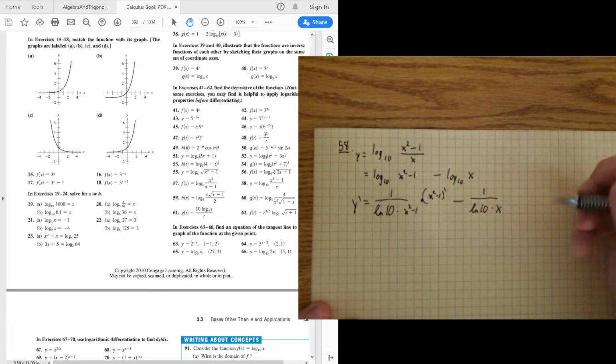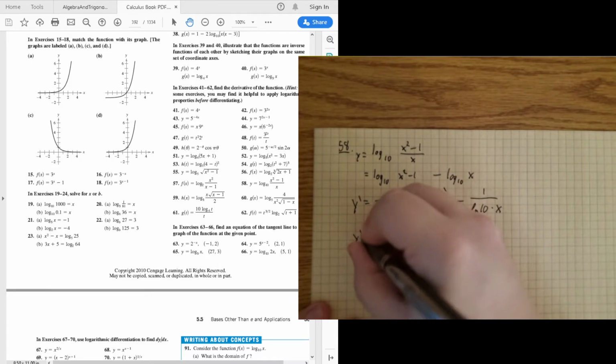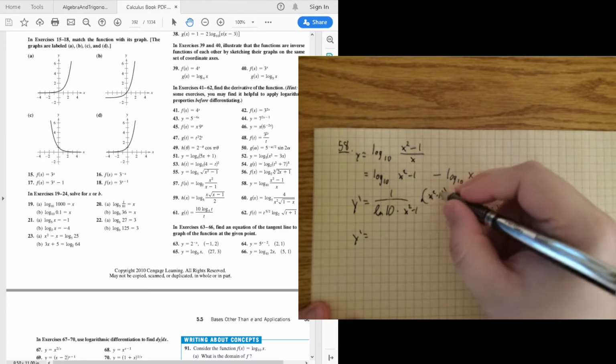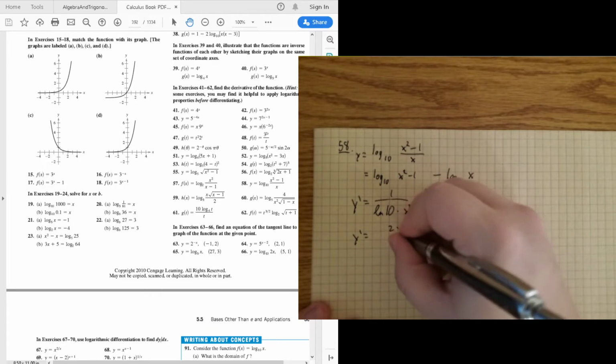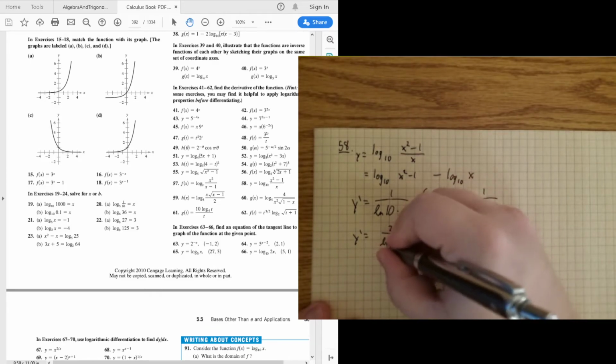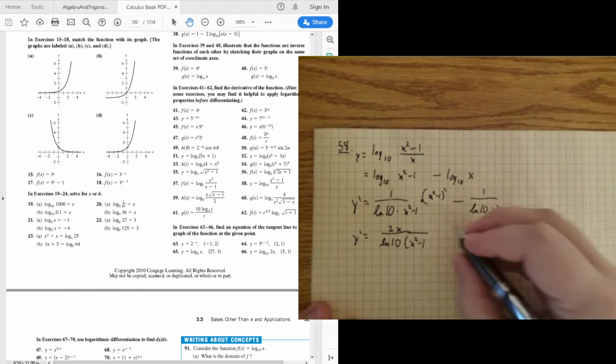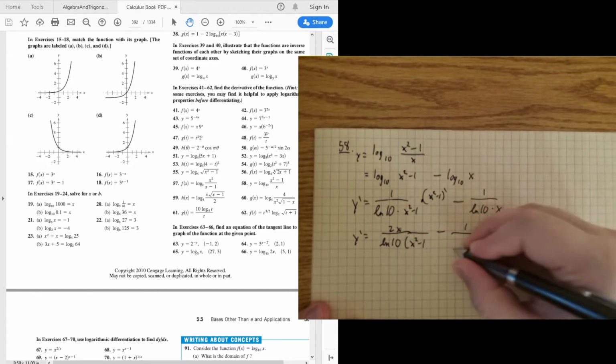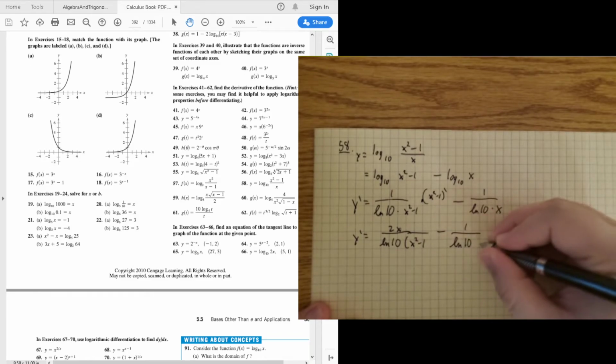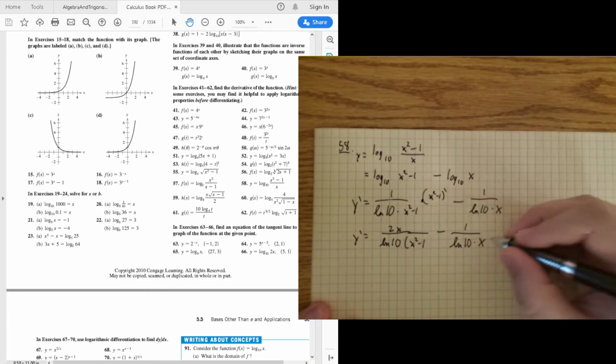This is looking pretty good here. And so y prime would equal x squared minus 1 prime, which is 2x, minus 1 over ln of 10 times x.